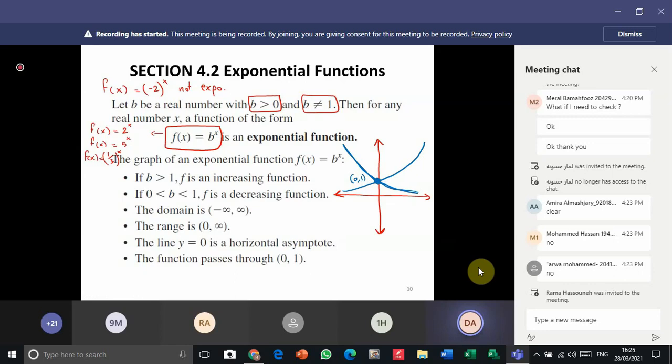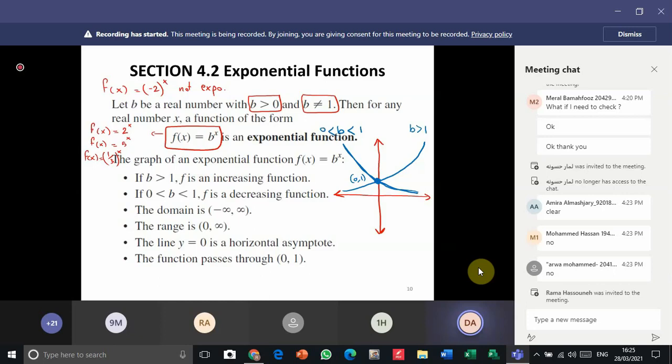Okay. If the exponential function is increasing, then b must be greater than 1. For example, 2 to the power x or 5 to the power x. If the exponential function is decreasing, then b must be between 0 and 1, but not equal to 0 and not equal to 1, but positive.